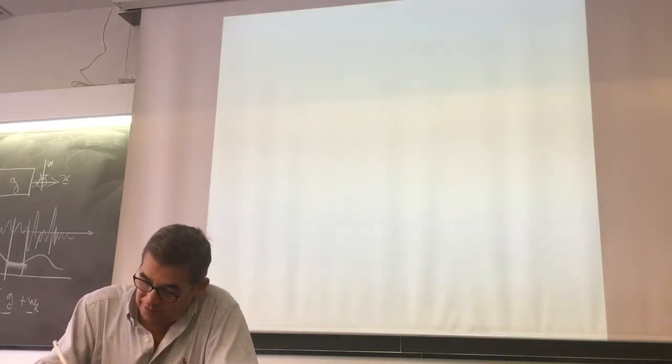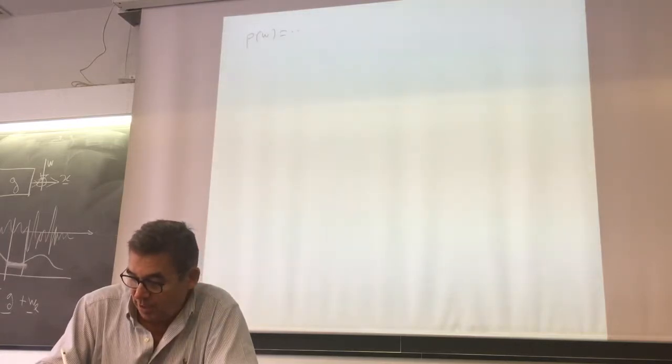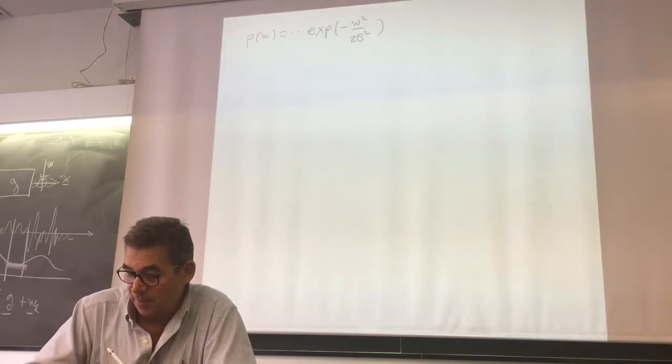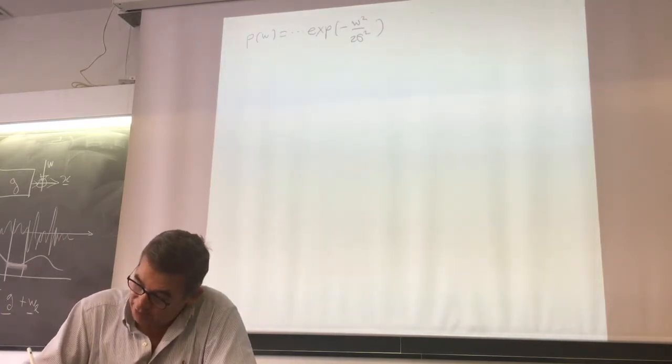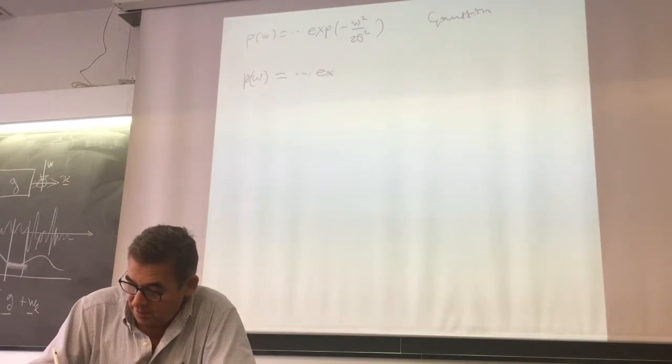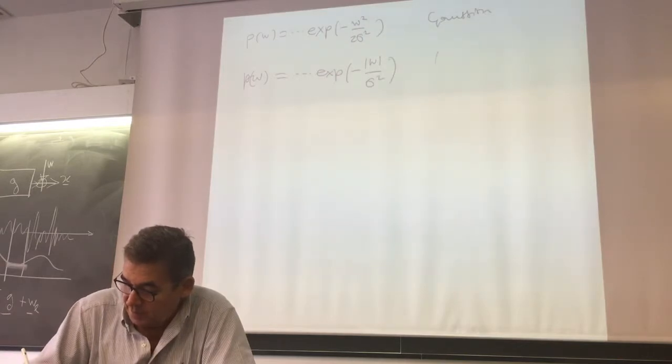If I look at the Gaussian, P(W) is equal to blah blah blah, and then it's the exponential of minus W squared divided by 2 times sigma squared. This is Gaussian. Now P(W) as a Laplacian is the exponential of minus the absolute value of W divided by sigma. This is Laplace.